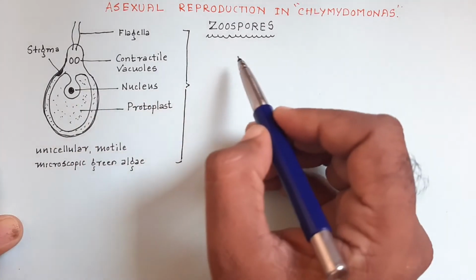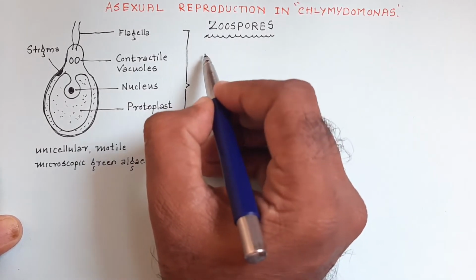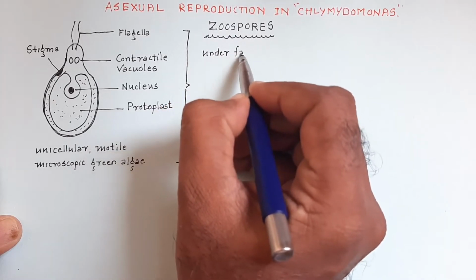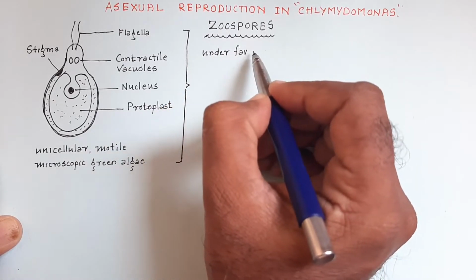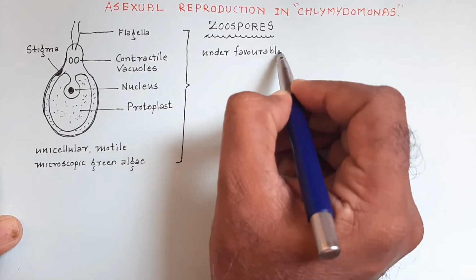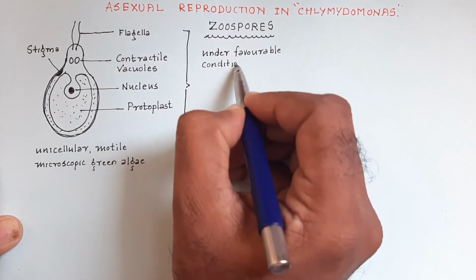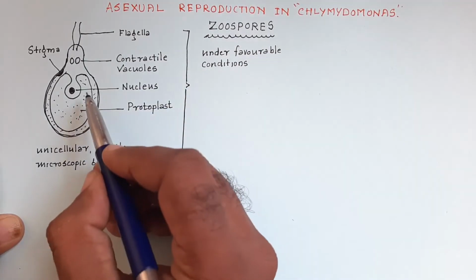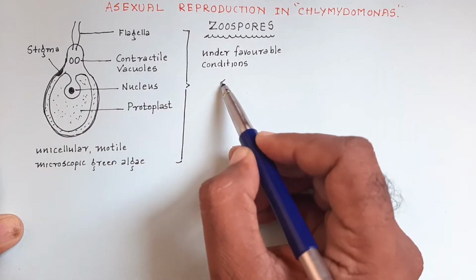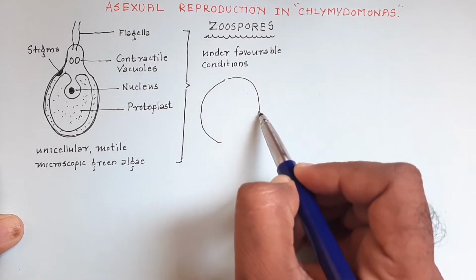First of all, under favorable conditions, the parent cell undergoes certain changes.